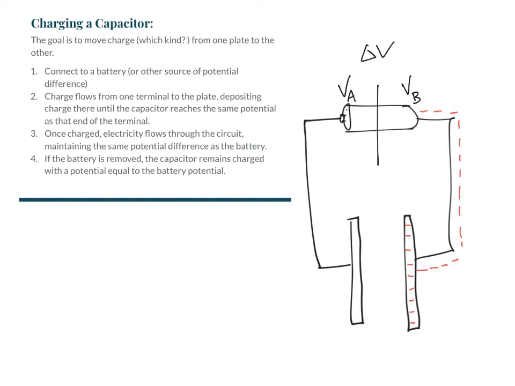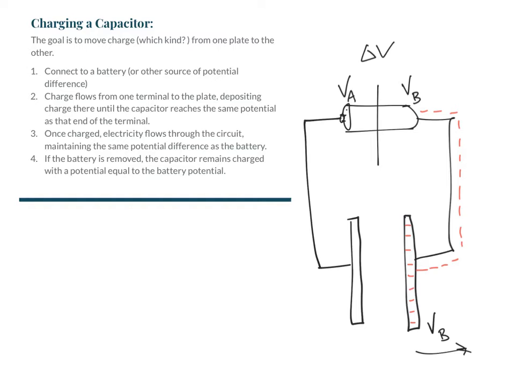On a conductor, the charge is going to spread out evenly until the potential is all the same. That's just a property of conductors. So the electrons flow around until they fill up this plate so that this plate has the same potential as that terminal. So this whole right side has the potential VB.